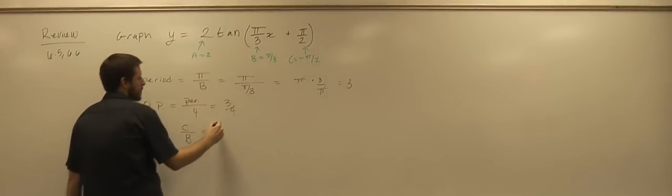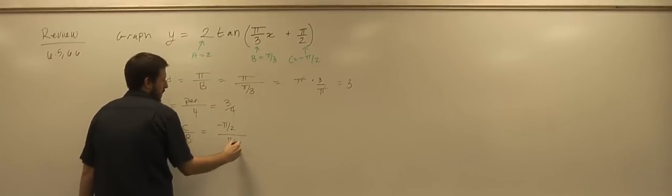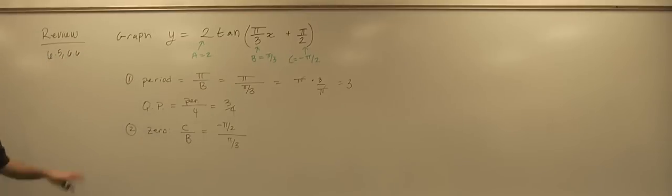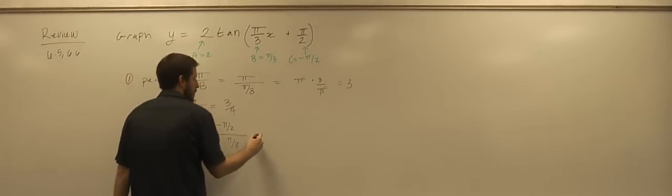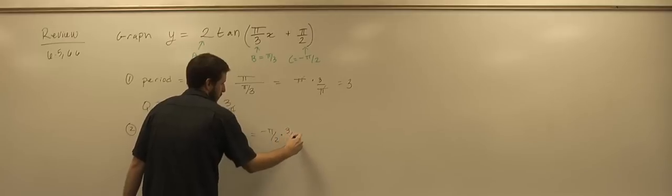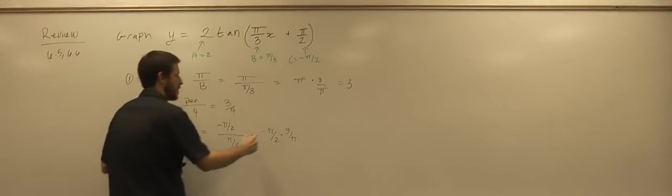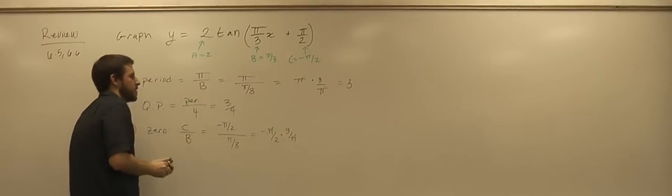So in this case, that's equal to negative pi over 2 divided by pi over 3. Flip and multiply. Negative pi over 2 times 3 over pi. Pi's cancel and you end up with negative 3 over 2.